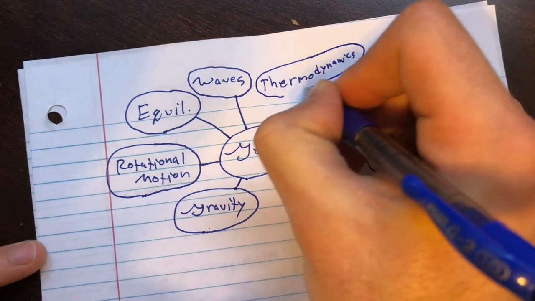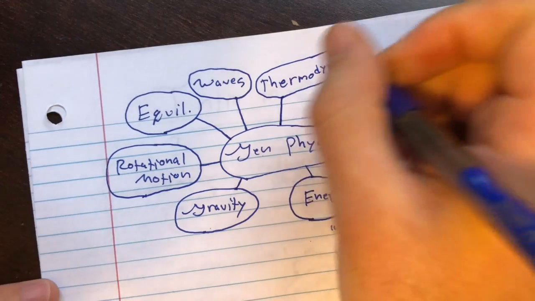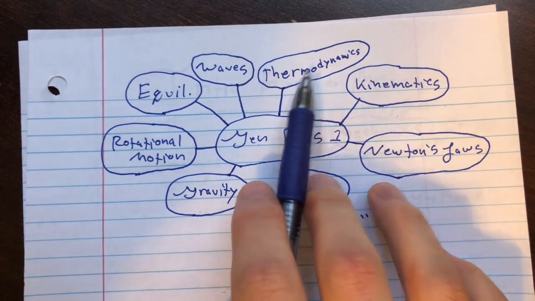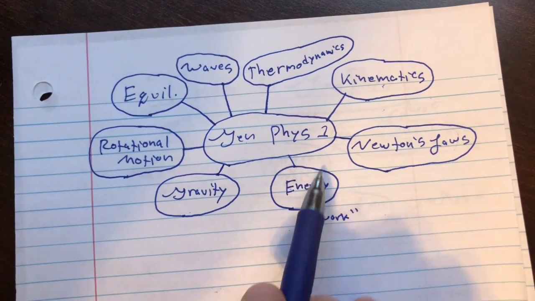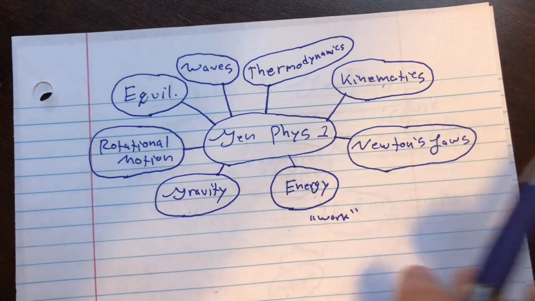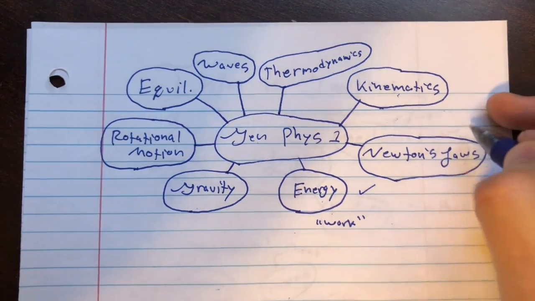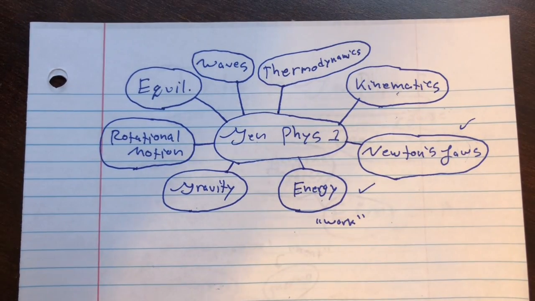That's going to give you an intro into heat, an intro into entropy, and definitely not the main focus of Gen Phys 1 at all. I would definitely say Newton's laws and energy and conservation of energy are going to be your main areas of Gen Phys 1. I'll put little check marks. If you can master these two, then you will master Gen Phys 1.